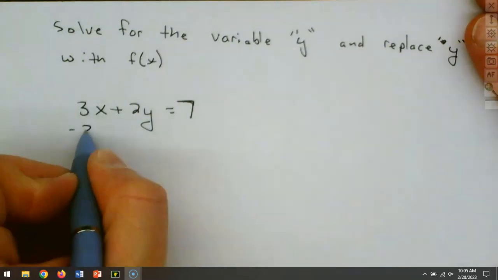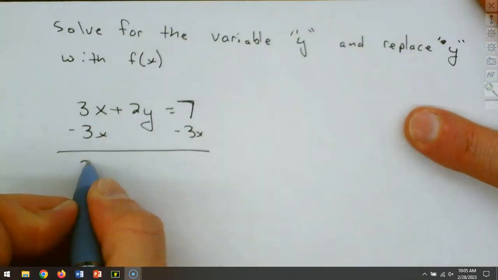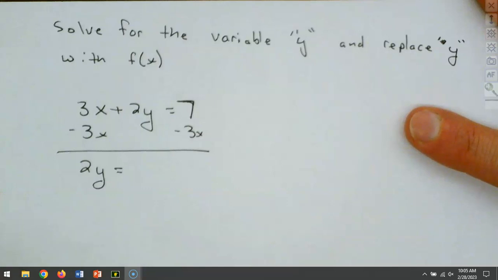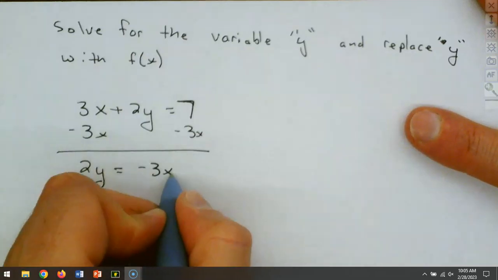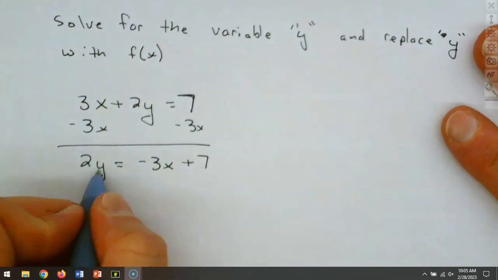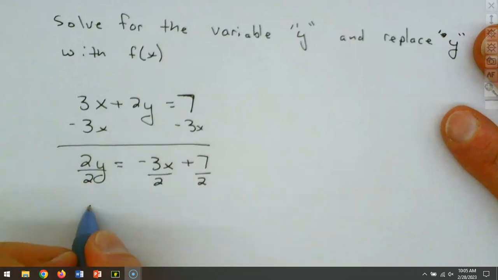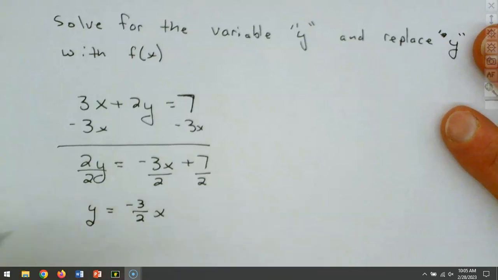So let's move that 3x over. And now we've got 2y equals minus 3x plus 7. We're going to divide that by our 2. And now we have y equals minus 3/2 x plus 7/2.